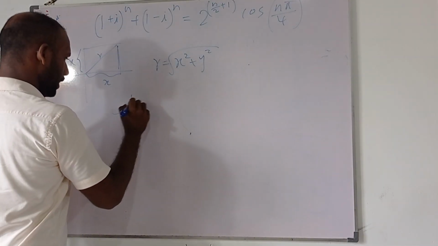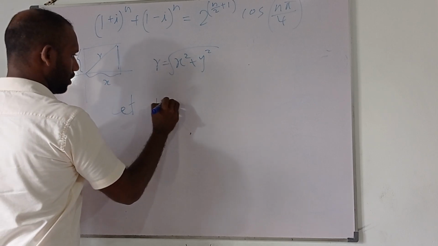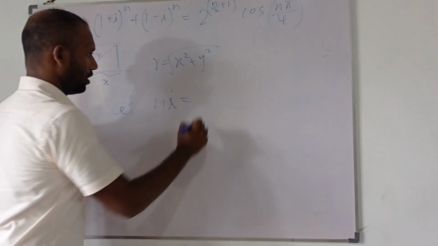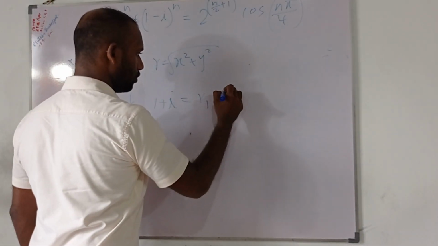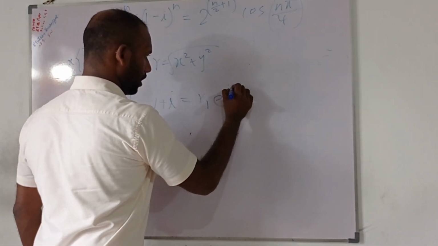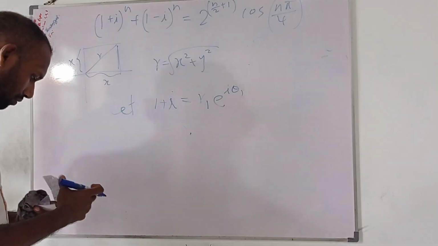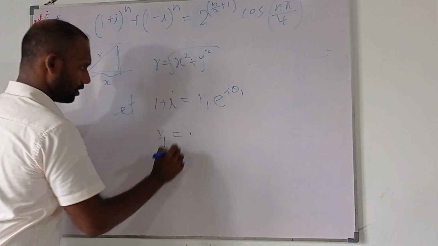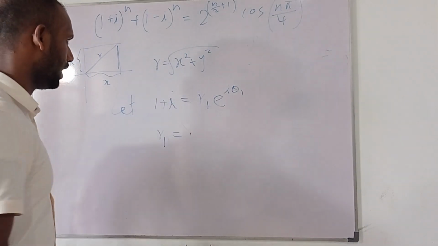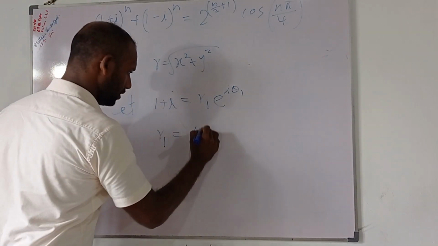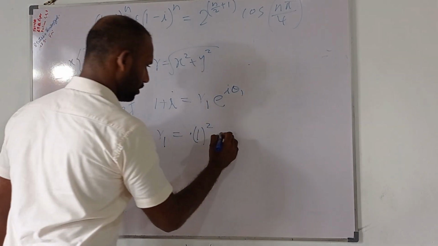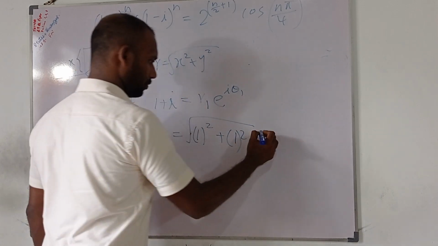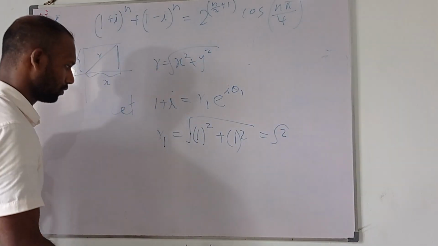So let 1 plus i equal r1 e to the power i theta 1. So I can write r1 as, so x is 1 and y is 1, so root 2.